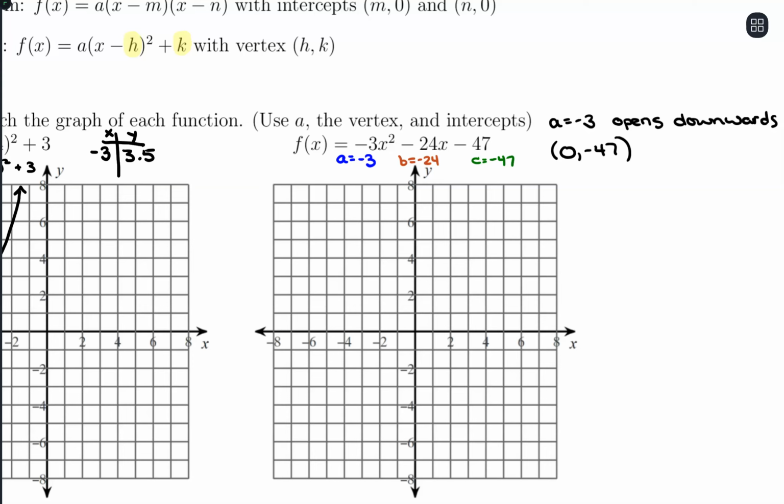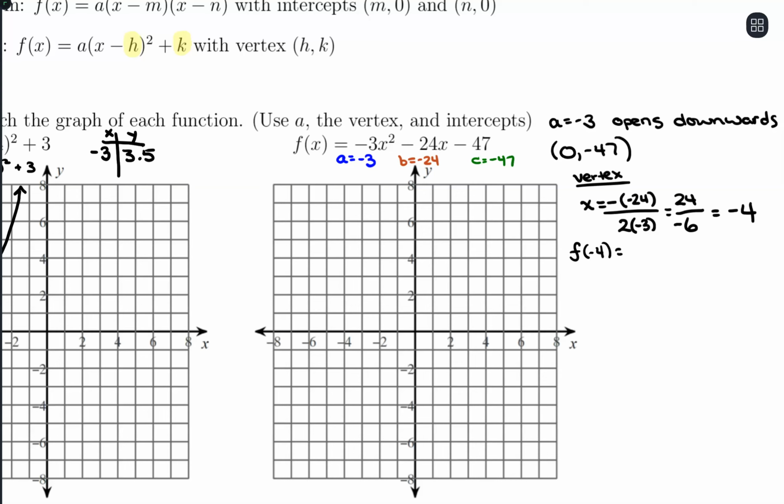From there, let's find the vertex. For the x-coordinate, we're taking -b over 2a: -(-24) over 2 times -3. The numerator is going to be +24, and we're dividing by 2 times -3, which is -6. So that's going to be -4. Then we're just going to find f of -4.